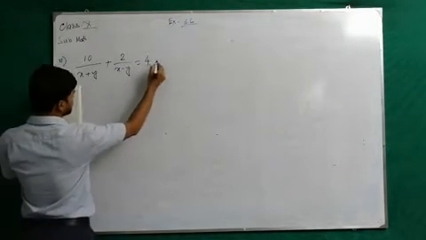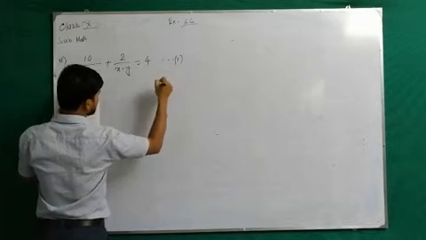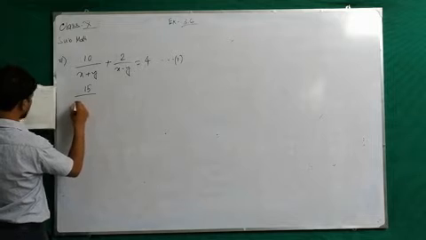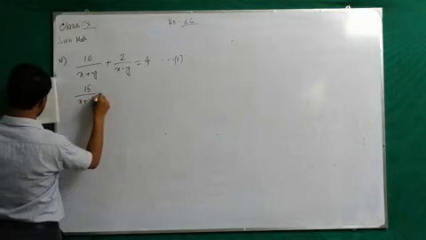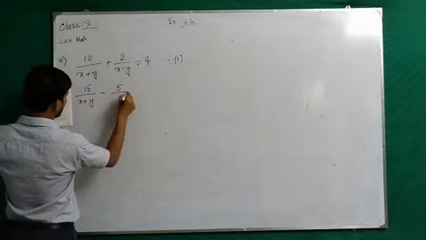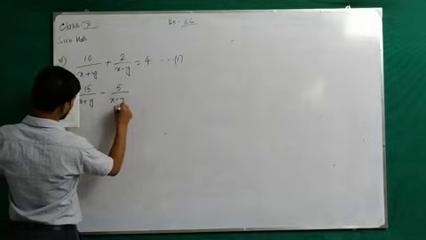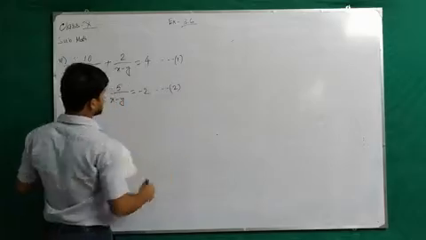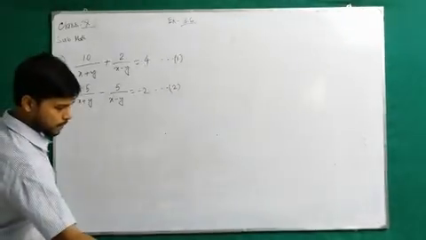So this is our first equation, and the second equation is 15 by x plus y minus 5 by x minus y is equal to minus 2. This is our equation number 2.